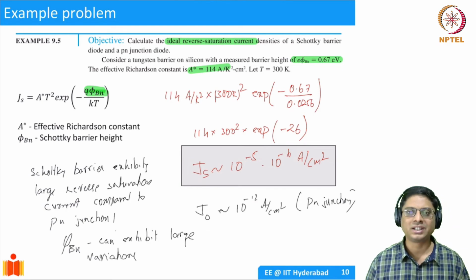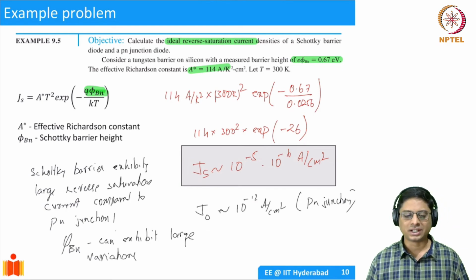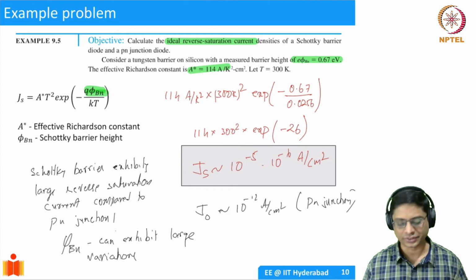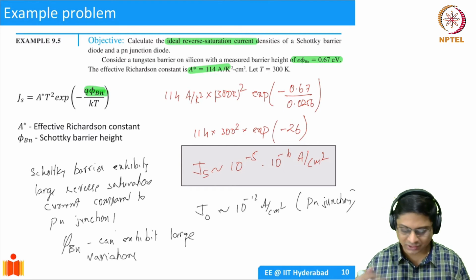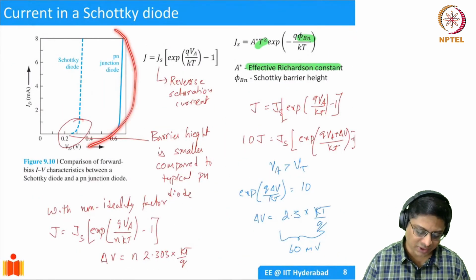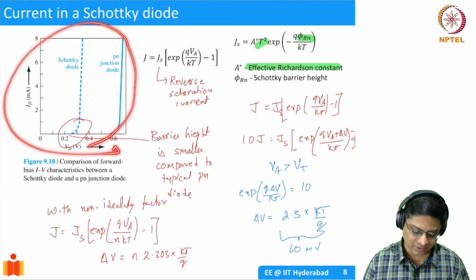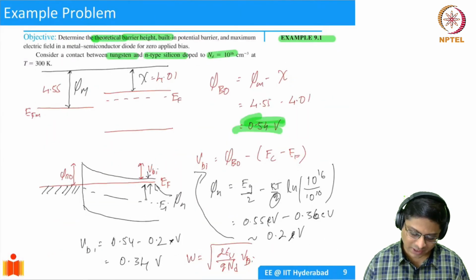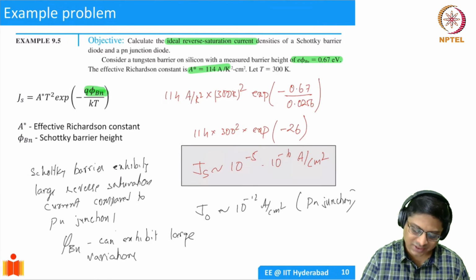Of course, even Schottky junctions are produced and they can be modeled carefully. But for each production environment, you have to carefully model it and find out what it is. So this is how the current flows, and the main points that you have to take away from here is that you have similar current-voltage characteristics, but the threshold voltage is much smaller. Ideally it was 0.54, but actually in this case it's slightly different.